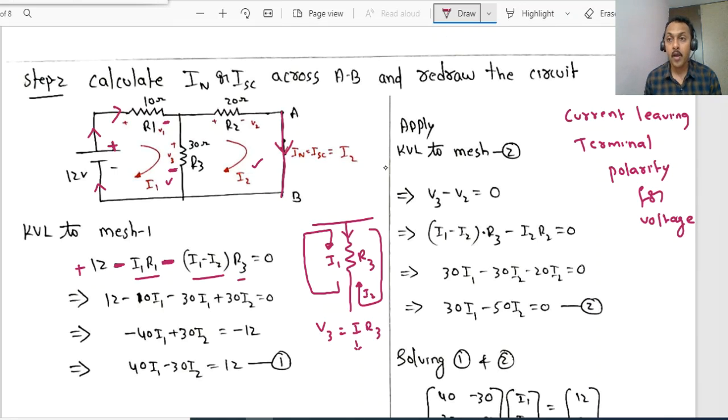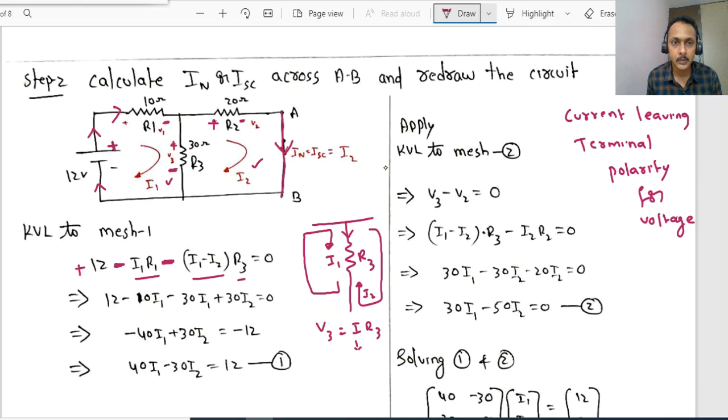Clear? Now let me apply KVL to mesh 2. In mesh 2, observe, dear students, there is no voltage source, but we can still apply it, not a problem. We have taken arbitrary signs, for example positive and negative. For R3 you have already assigned positive and negative, and the drop is V3, right?